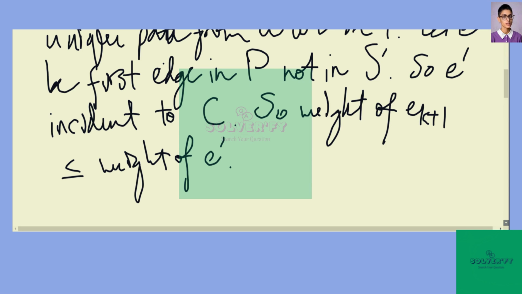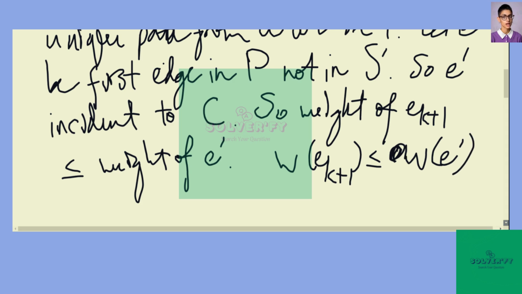You can also write this as W of EK plus 1 is less than or equal to W of E prime. Now, we also know that E prime will be added on behalf of the component containing vertex v.